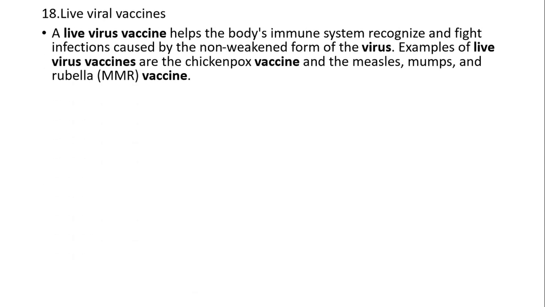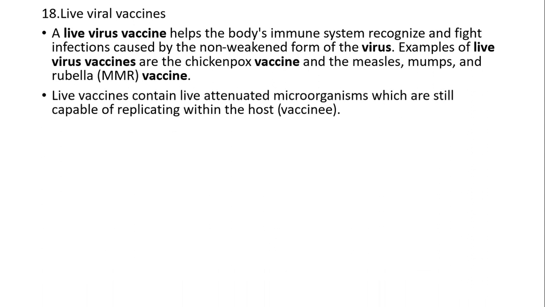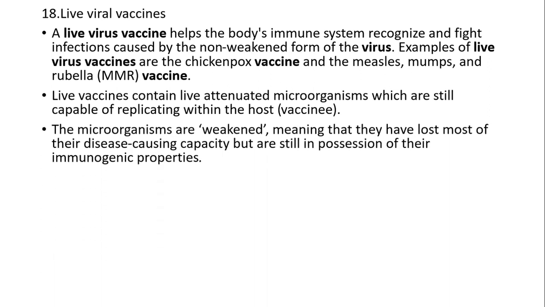Live viral vaccines. Live viral vaccines help the body's immune system recognize and fight against infections caused by the non-weakened form of the virus. Examples of these vaccines are chickenpox vaccine, measles, mumps, and rubella. Live vaccines contain live attenuated microorganisms that are still capable of replicating within the host. The microorganisms are weakened, meaning that they have lost most of their disease-causing capacity but still possess some of the immunological properties.